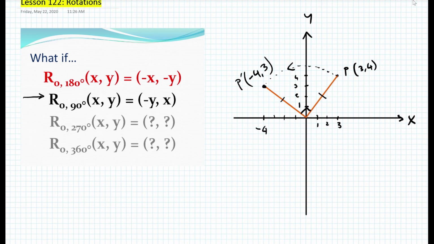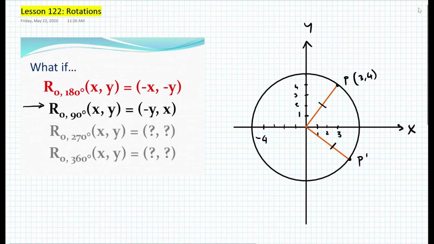So let's analyze the 270 degrees now. Again, for 270 degrees, you can construct a circle starting at this point P and then moving counterclockwise by an amount of 270 degrees, okay? You can also go clockwise by 90 degrees because again, 270 plus 90 is 360 degrees, okay?